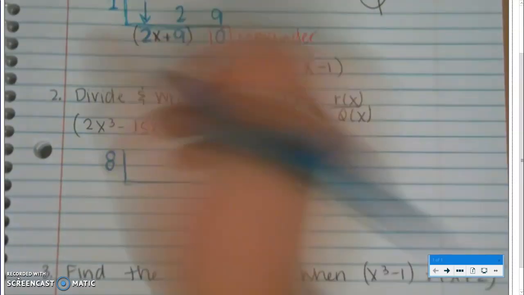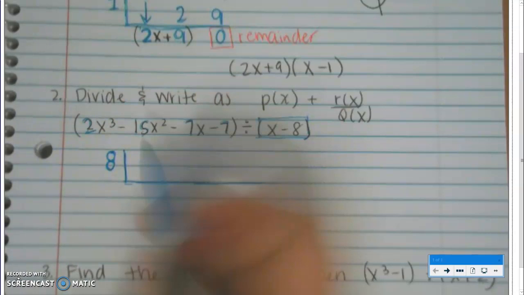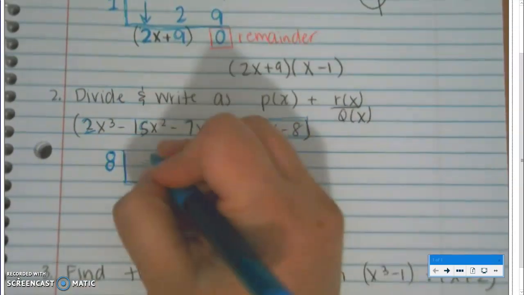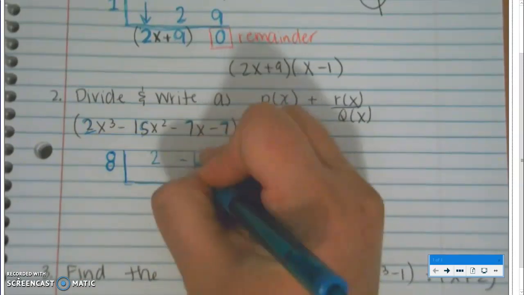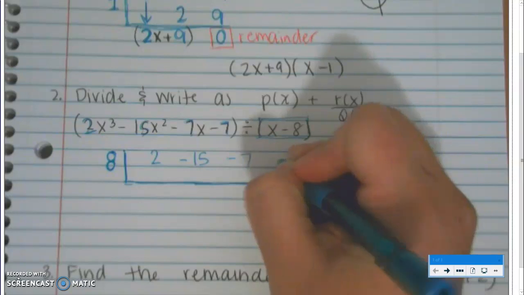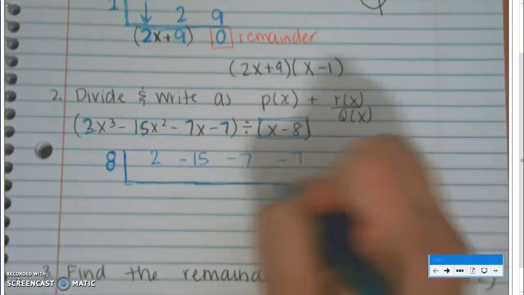All right, and then I'm going to put my coefficients up top. And I'm not missing any. I have 3, 2, 1, none. So 2, negative 15, negative 7, and another negative 7. I hope I copied this problem down correctly.